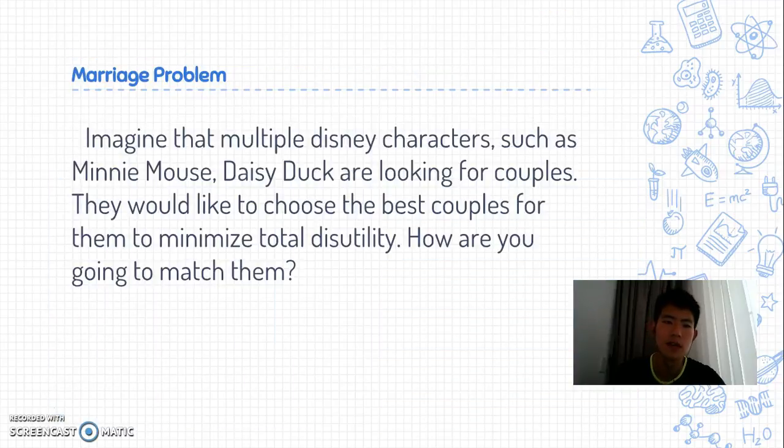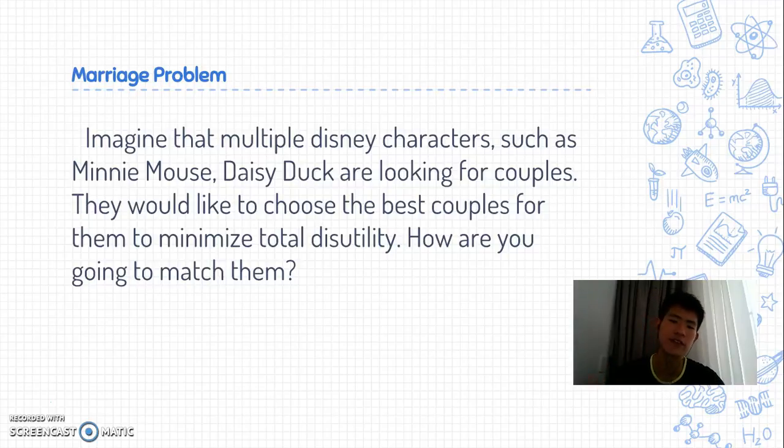Right, so let us talk about the marriage problem, which is one of the nice LP problems and quite simple to explain. Let's say that you have Disney characters, Minnie Mouse, Daisy Duck, who are looking for couples. So you arrange meetups with the guys and the girls, and they would like to choose the best couples to minimize total disutility.